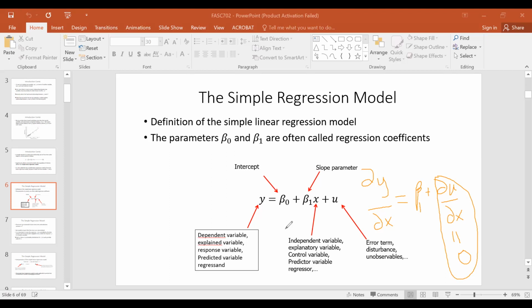That's the appropriate way of interpreting beta 1. In other words, U and X are not related, and therefore du/dx is 0.